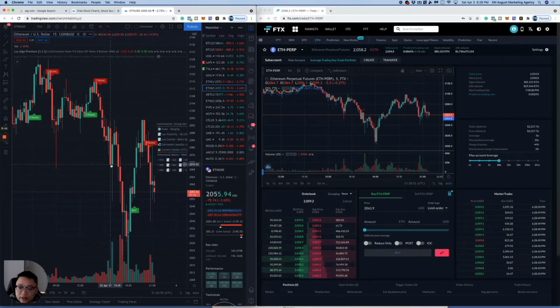Actually, we stopped here at 2070, traded sideways for a bit, went back up a little bit, and then went right down. So I was trying to get back in at that 2032, but I didn't know what was going to happen. So as this dips down a little bit more, I'm going to get back in and hold for a long position, and hopefully do well.